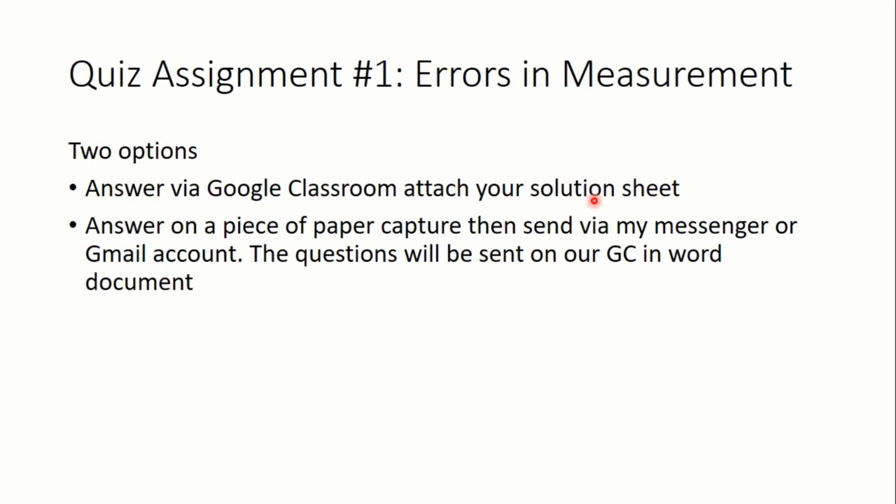Sa mga medyo may problema sa internet connection at naghahang ang gadget kapag sumasagot sa Google Classroom, you can answer it on a piece of paper, capture, then send via my Messenger or Gmail account.